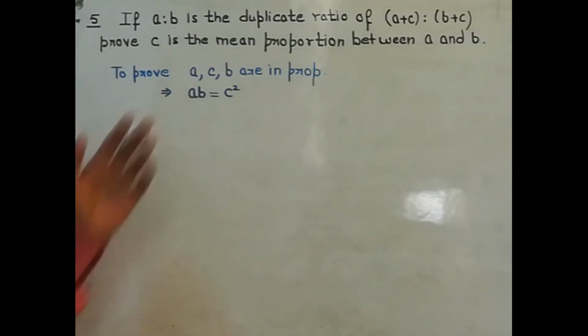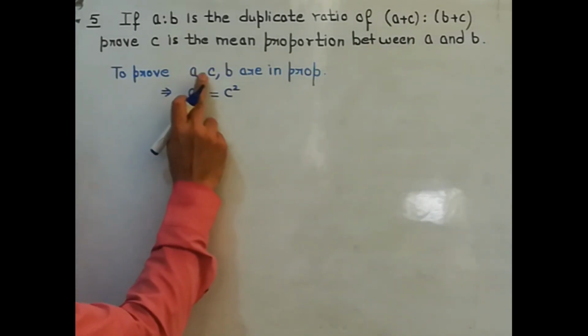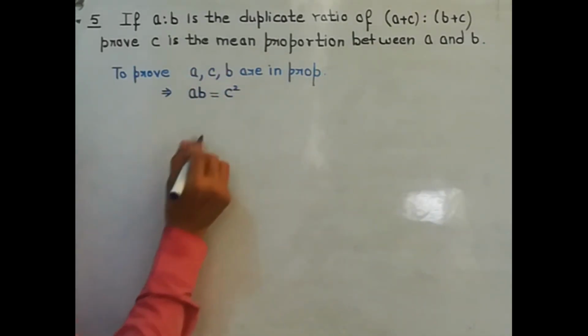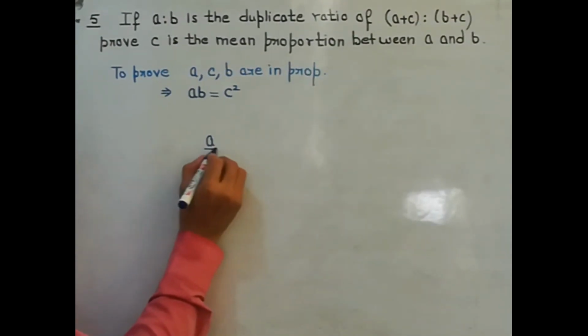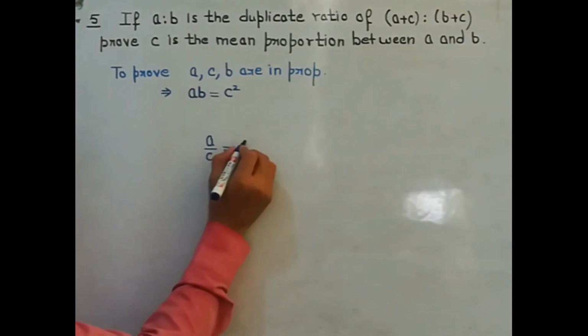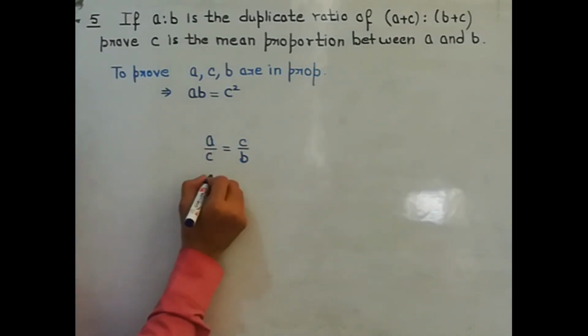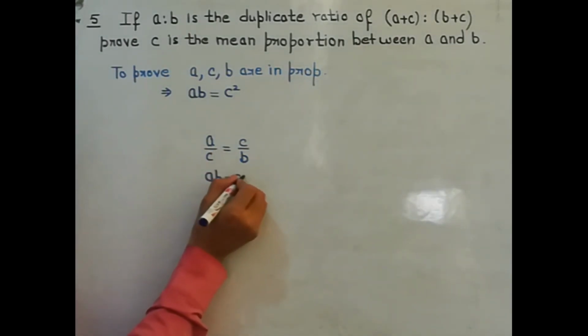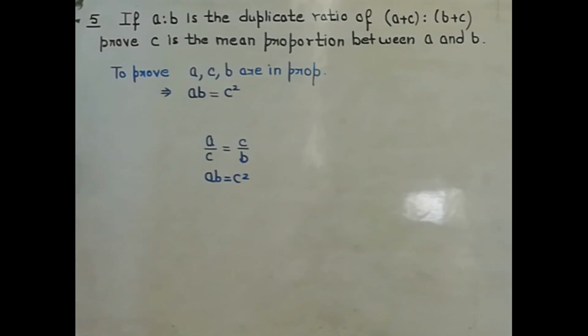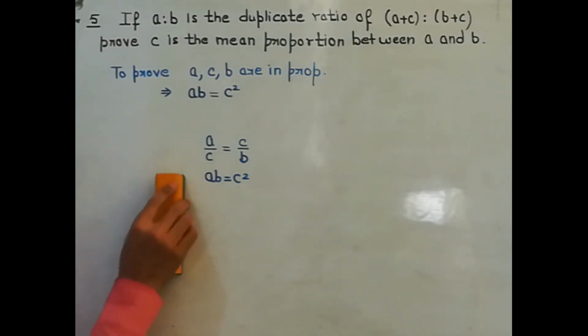And how we got this, let me explain you. Now see, a, c, b, three terms are in proportion. So a upon c is equal to c upon b. You can write it like this, and now when you cross multiply, ab is equal to c square. This is how we got it. Okay, hope this is clear.